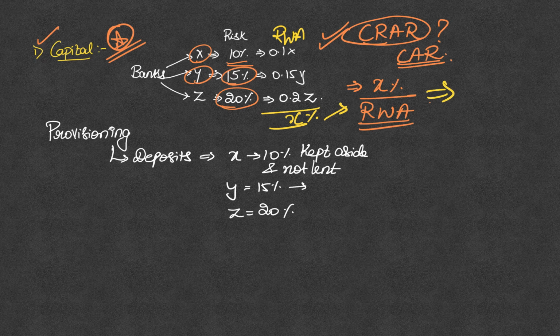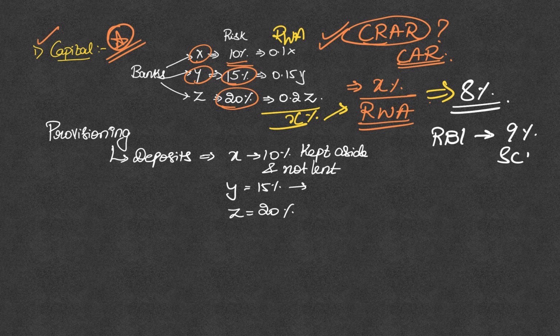Now the Basel III committee has actually given a number for this CRAR. CRAR as per the Basel committee is 8%, but RBI has said that this should be 9% for scheduled commercial banks, and if it is a public sector bank, it should be as high as 12%.